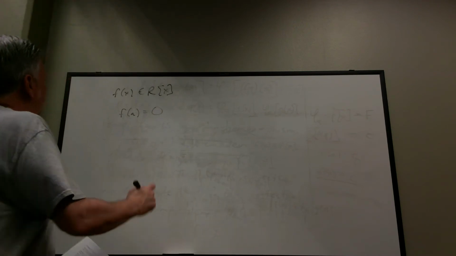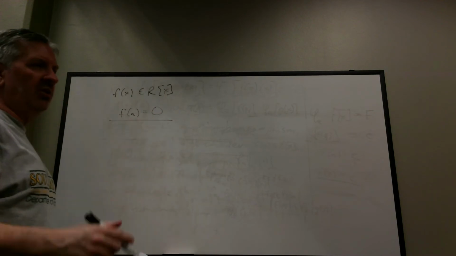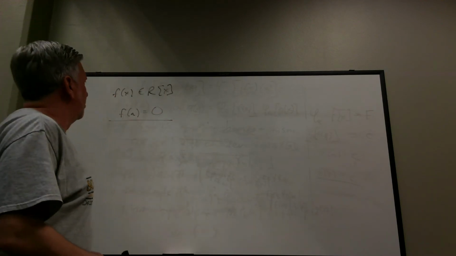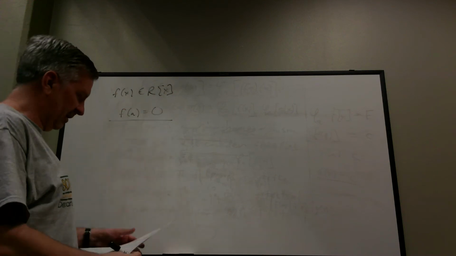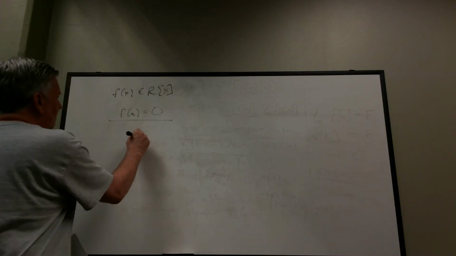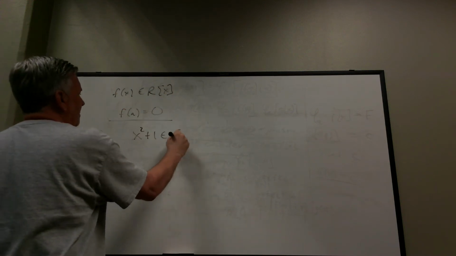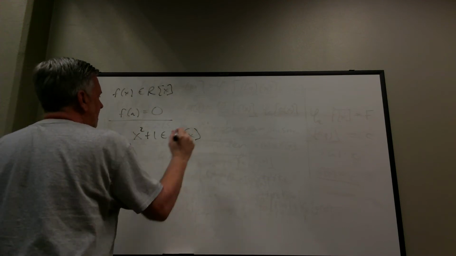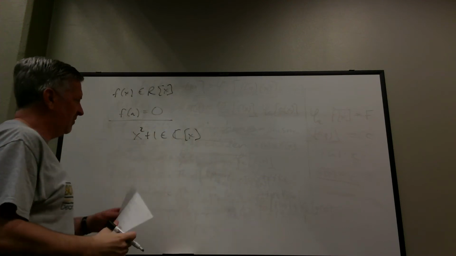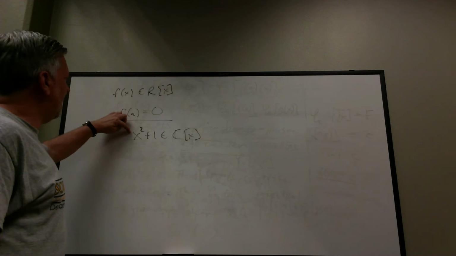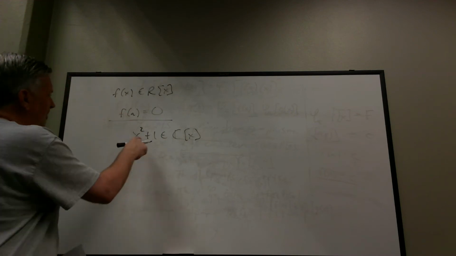Now, you have to realize that roots, as we talked about before with reducibility, depend upon the coefficient ring. The example I give here is x squared plus 1 in C[x], where C is the complex numbers. Does this have a root? This is my f of x.